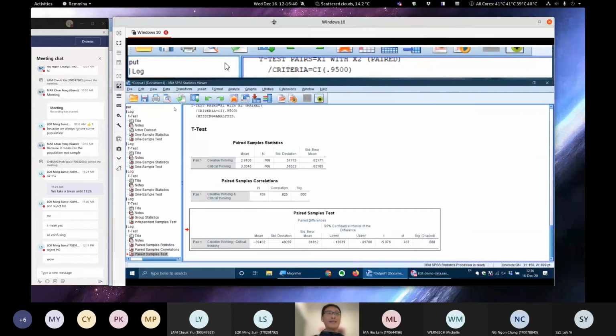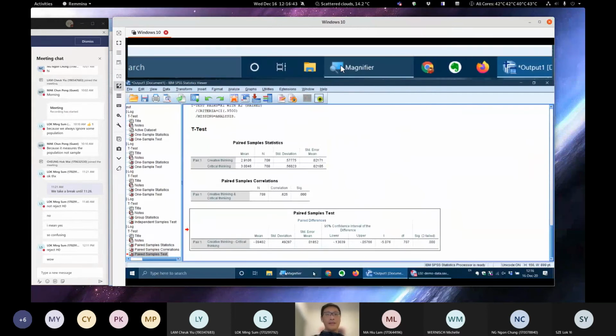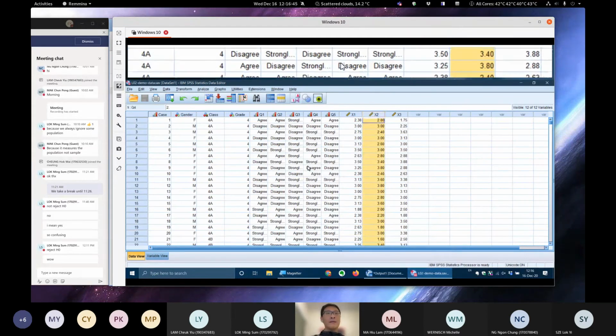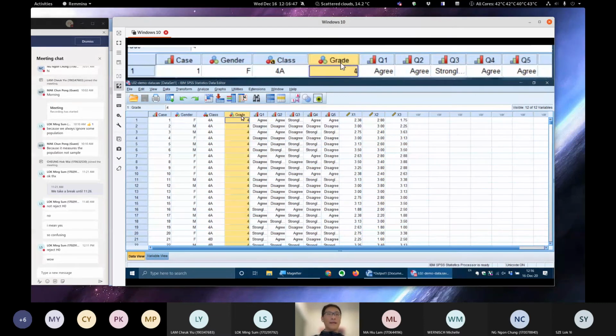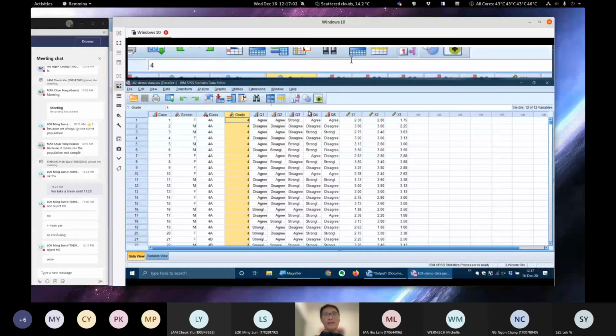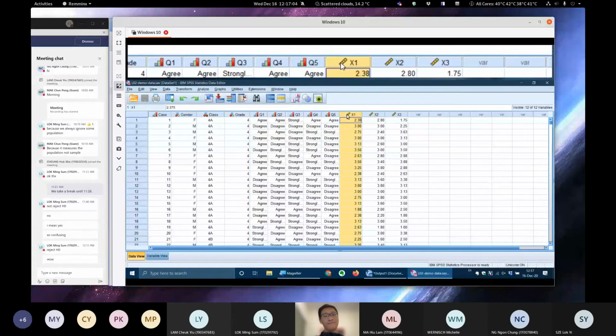Now, in my example here, this time, let's use the grade. People might be from grade 4, grade 5, or grade 6. So there are 3 groups. And we want to know if people from these 3 groups have the same population mean in X1.